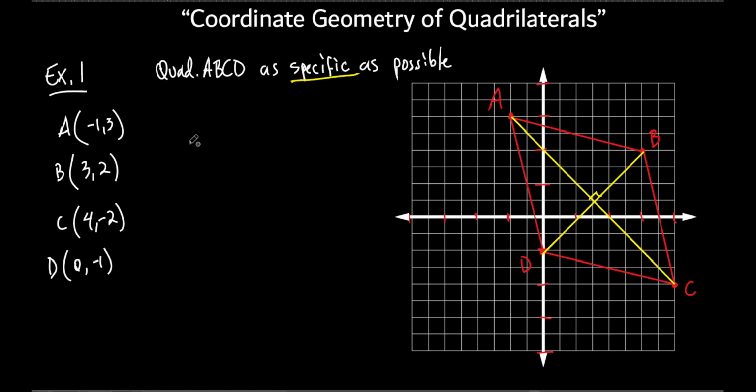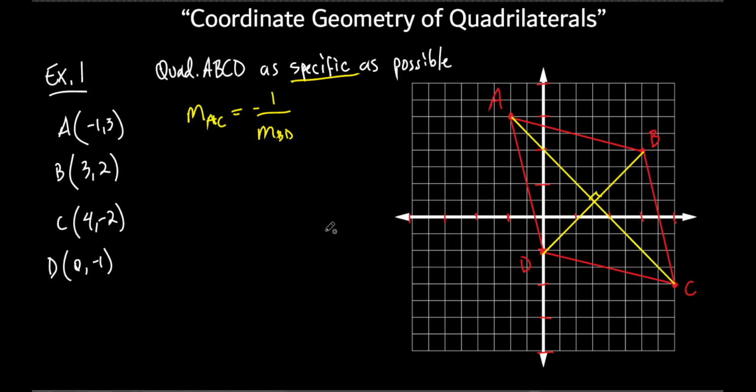So what do I want to show? I want to show that the slope of one line, let's just use the letters, let's call it AC, must equal the negative reciprocal of the slope of BD. So I'm going to find the slope of both of those yellow lines.